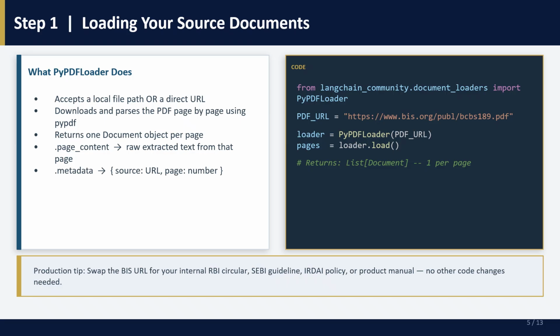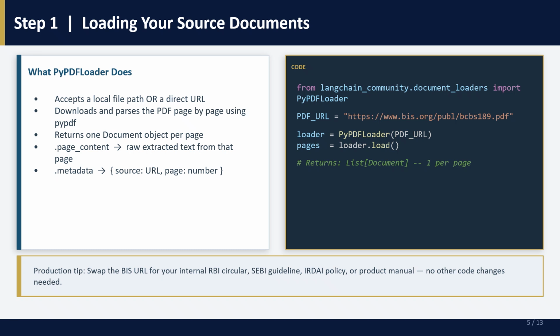Moving to the next slide, where we will describe all the relevant steps, starting with step one, which is loading source documents. Let's walk through each step in detail. The first is document loading. Here we will be using the PyPDFLoader from LangChain to load the Basel III PDF. You give it either a local file path or a direct URL.